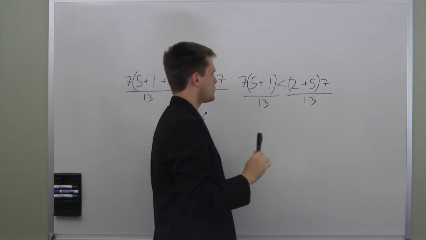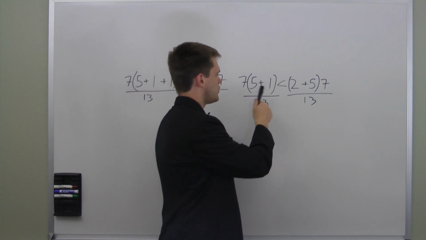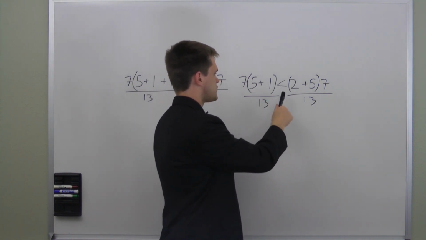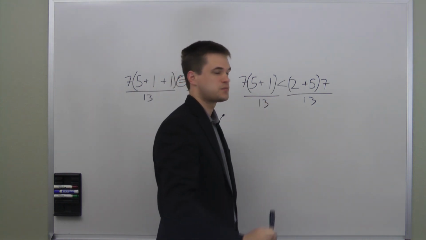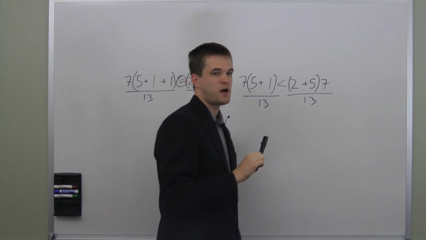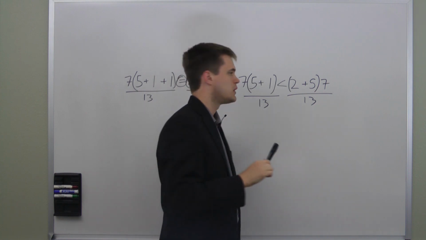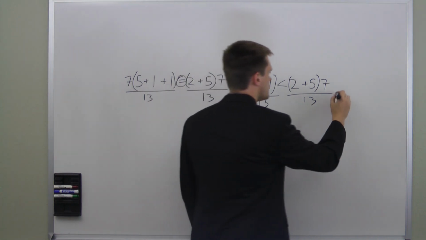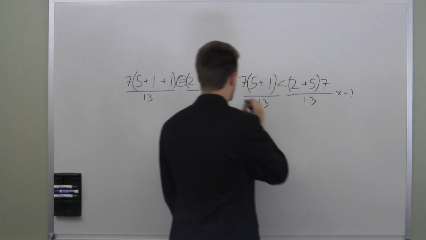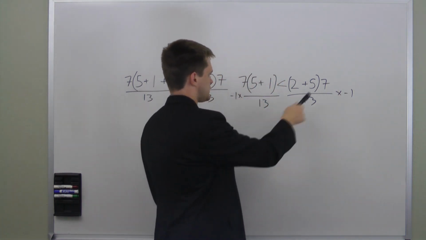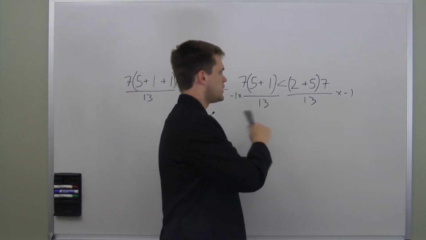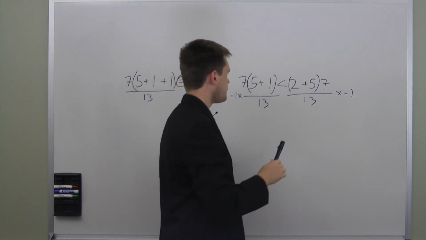The one thing that we can't do with inequalities without changing them, that we can with equations, is multiplying or dividing by a negative number. So if we wanted to multiply both sides of this inequality by -1, that would make it untrue.